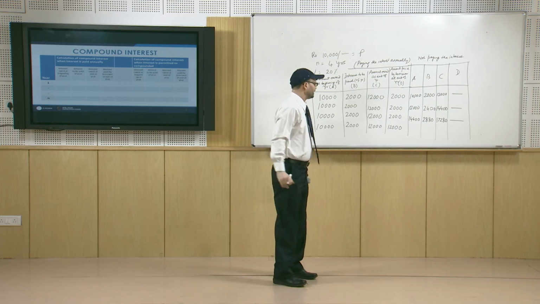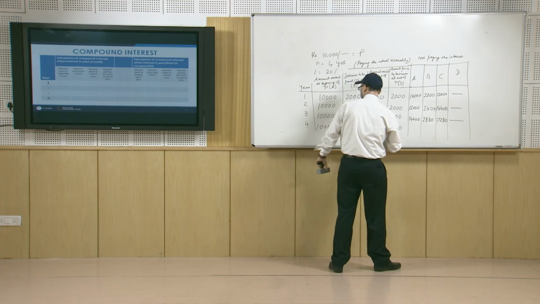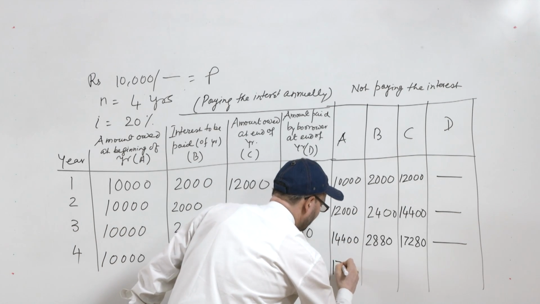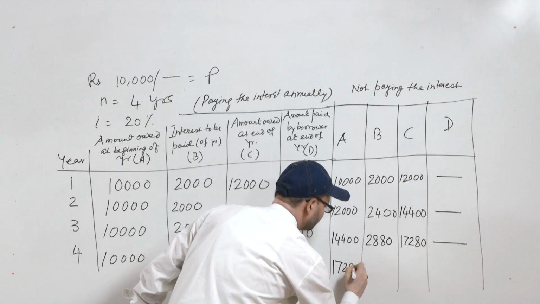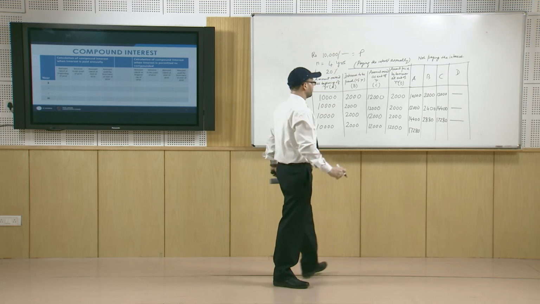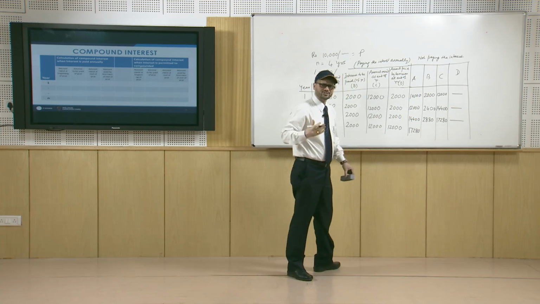So, ultimately at the end of the third year or at the beginning of the fourth year, the amount he owes is 17,280. On this he will be paying 20% as the interest charge.